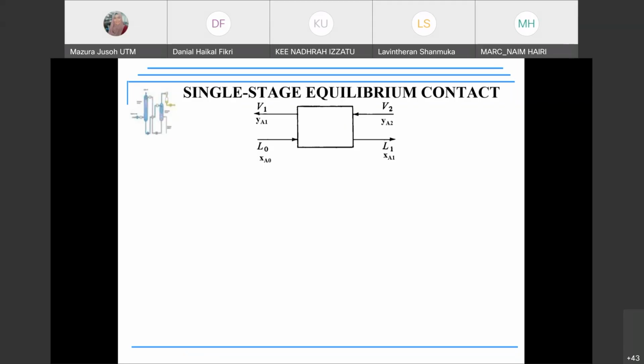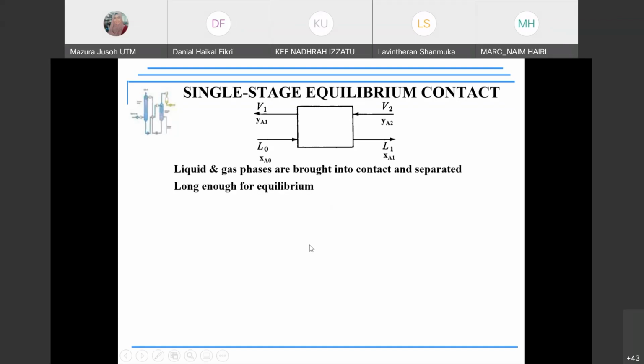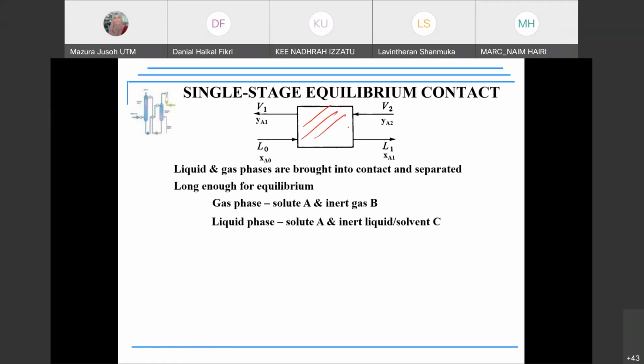For an absorption process, this is how the schematic diagram would look. This is the absorption unit, and V stands for vapor, no, not vapor, it's gas actually. V is gas, L is liquid.